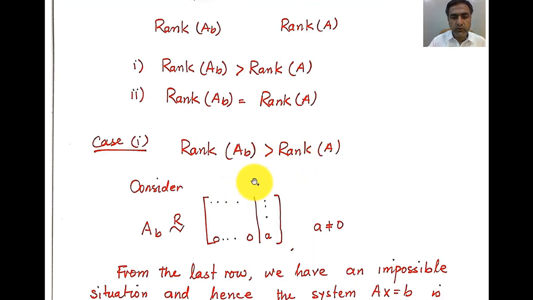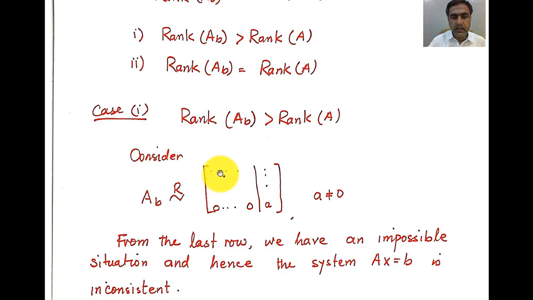So we will have the following situation. Here I have a matrix with some entries, it is in echelon form, but at the end I have an entry a which is different from 0, and on the left hand side I have all entries equal to 0.